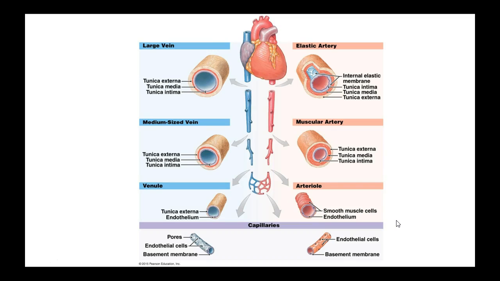So we group the different regions that make up the blood vessel wall as the tunica intima, tunica media, and tunica externa. All right. Tunica media has most of the smooth muscle.